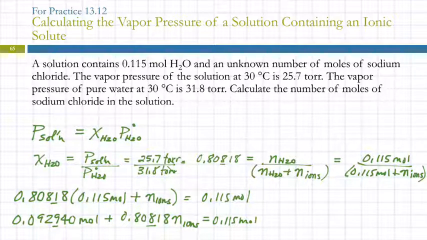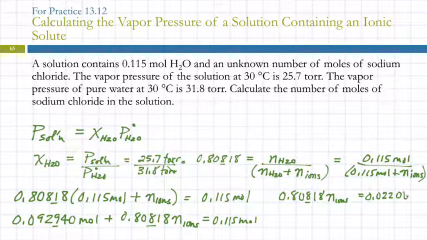So then we've got this moles and those moles, and so we're going to take 0.115 minus 0.09294. We're going to get 0.80818 times the number of moles of ions is equal to 0.02206 moles.